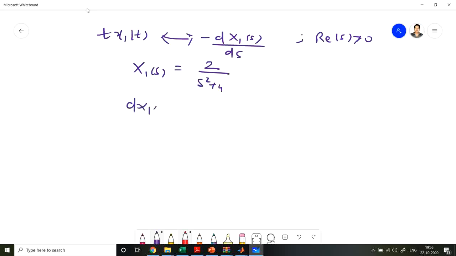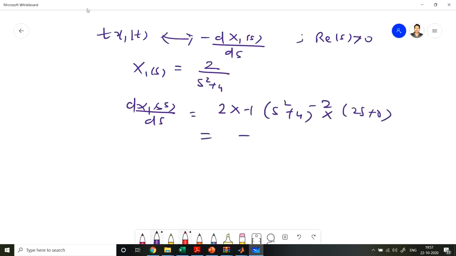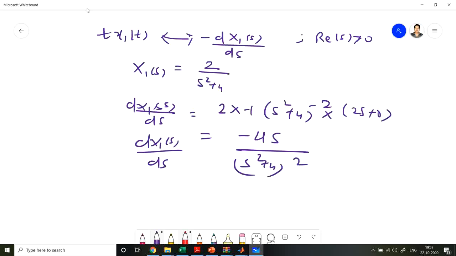So dx1s divided by ds is nothing but 2 into minus 1 over s square plus 4 whole square, into 2s plus 0. So it is equal to minus 4s divided by s square plus 4 whole square. So this dx1s divided by ds we can use here.